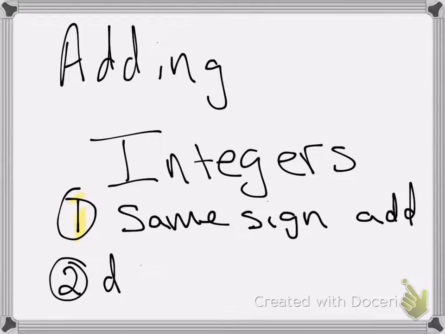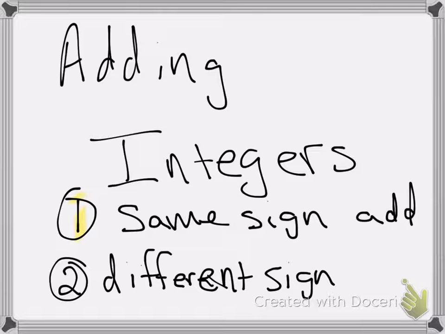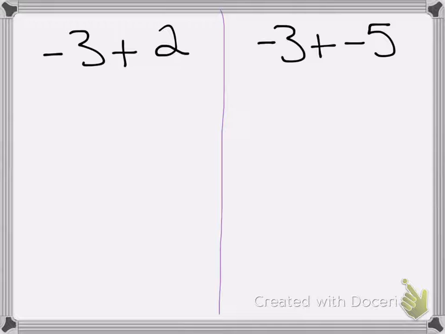Different sign, subtract. And I'll show you what I mean there in just a second. So our rules: same sign, add; different signs, subtract. Let's see what I'm talking about.